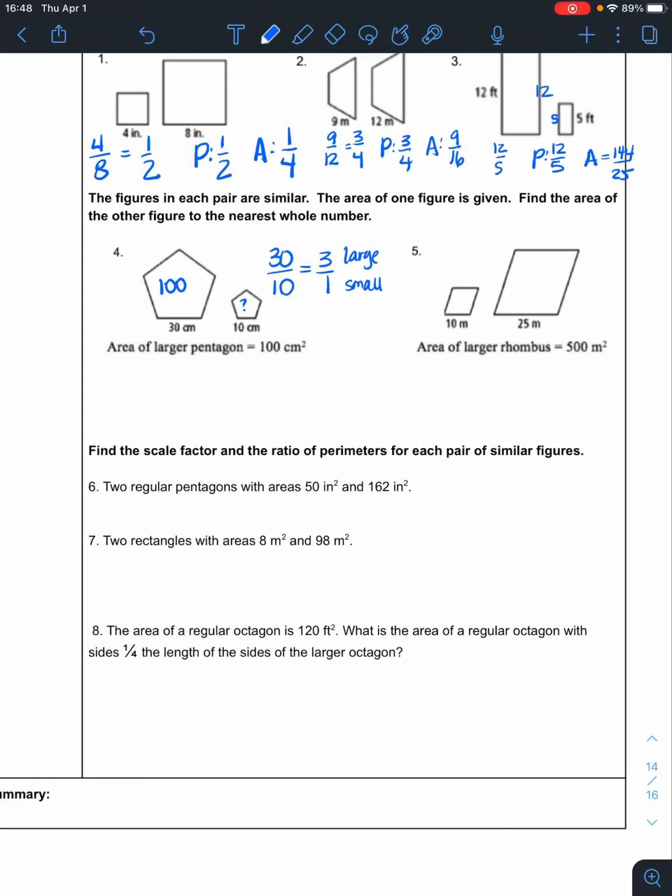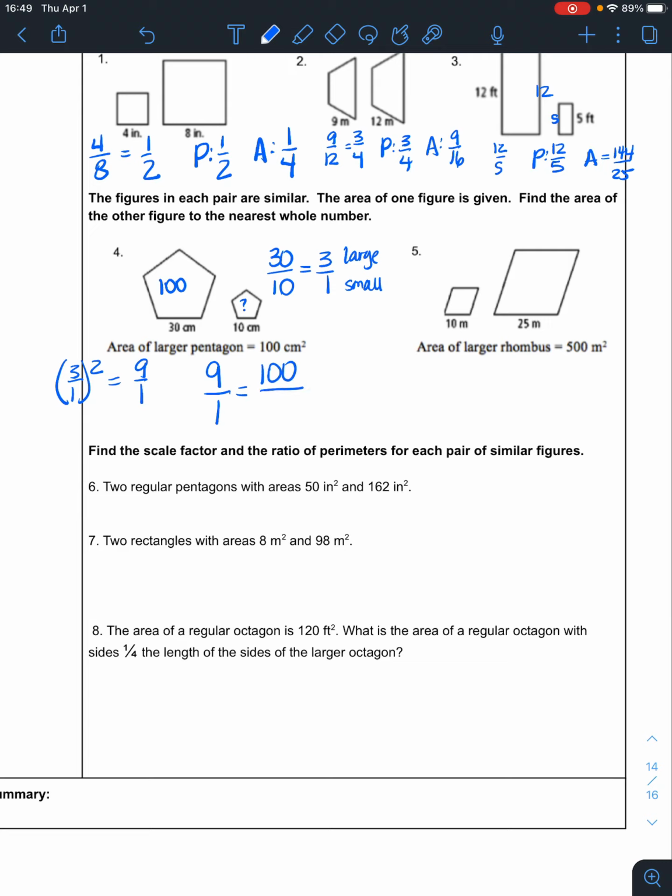Now, here's what you've got to do. You have to convert that sides ratio to an area ratio. Sides ratio, perimeter ratio would be 3:1, and my area ratio would be 3/1 squared, right? That gives me 9:1. So my large one would have an area that is 9 times bigger than my small one.